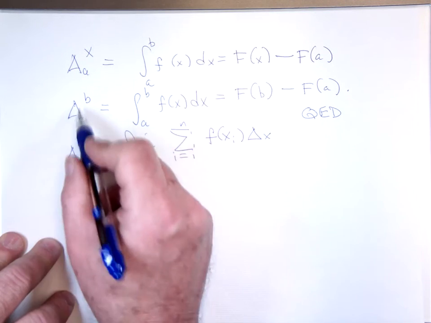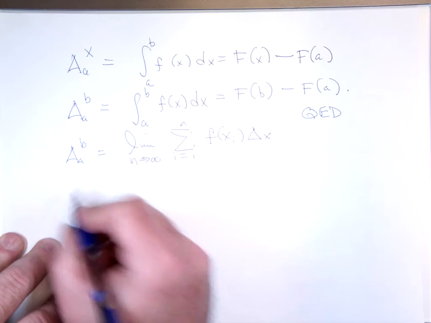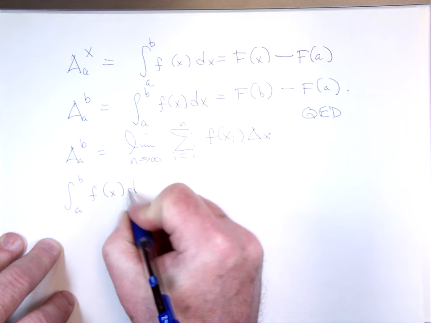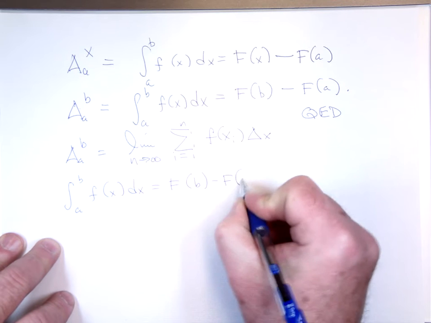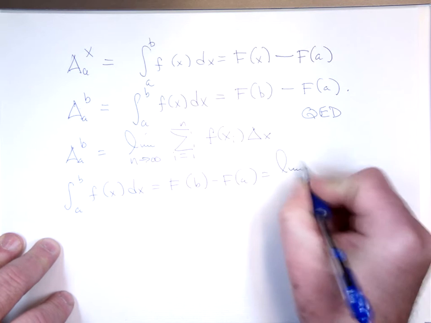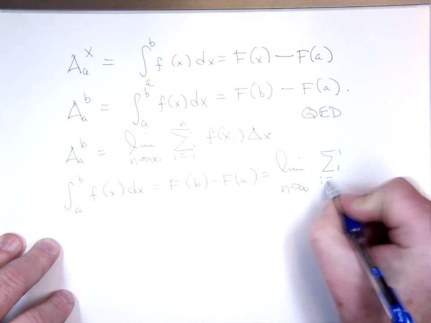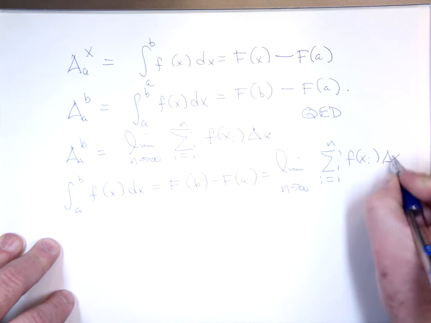Since the area is equal to this integral and the area is equal to the limit, we have this: the integral from a to b of f of x, which is F of b minus F of a, is equal to this limit as n goes to infinity of the sum of f of x sub i delta x.